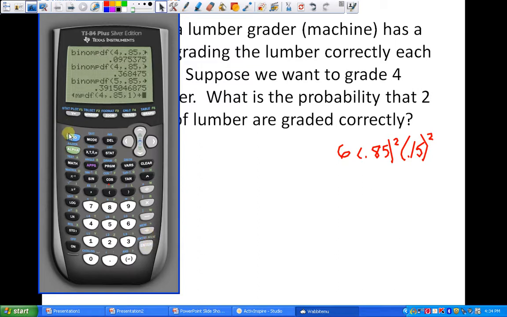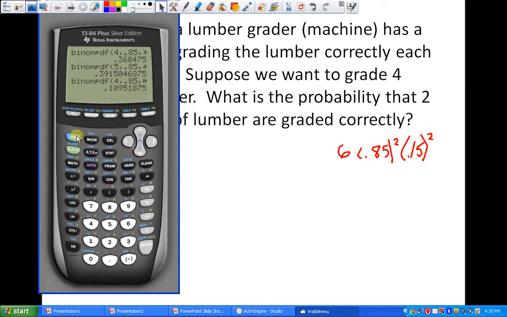And I'll also add the probability of getting 2 successes. This is 0, 1, or 2. That's what satisfies this condition, 2 or less. So go back to binomial PDF, 0, 1, or 2. Now if I enter, I get all those 3. Can't see it on the screen, but that's the probability of getting 0 successes, 1 success, or 2 successes.